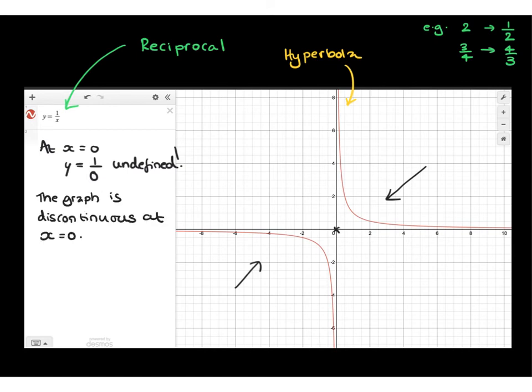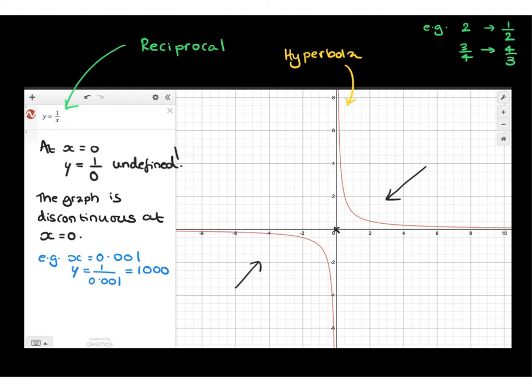Now, interesting things happen when x is a very small number, so let's say just above 0. So what would happen if we took an x value, for instance, of 0.001? Now our y value would equal 1 divided by 0.001, which comes to a value of 1,000.